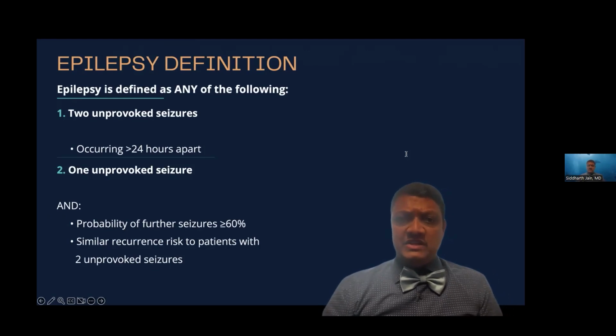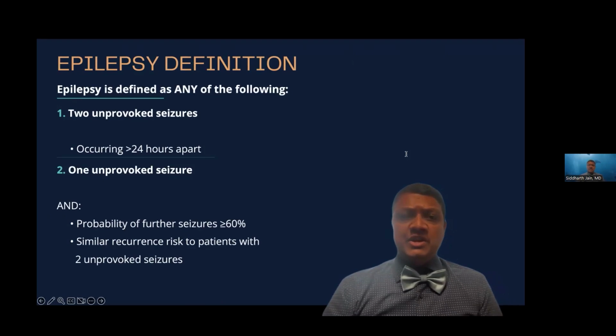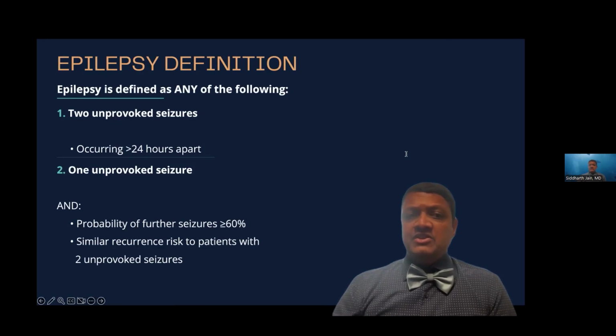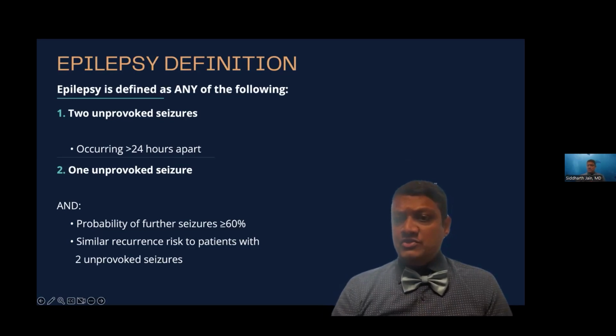Alternatively, more recently, this definition has been expanded to include some patients with one unprovoked seizure, if they have clinical features or diagnostic tests that indicate a probability of further seizures greater than 60%, similar to the recurrence risk in patients with two unprovoked seizures.